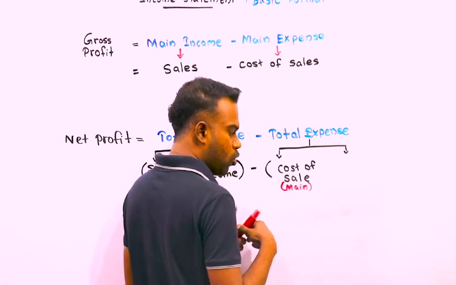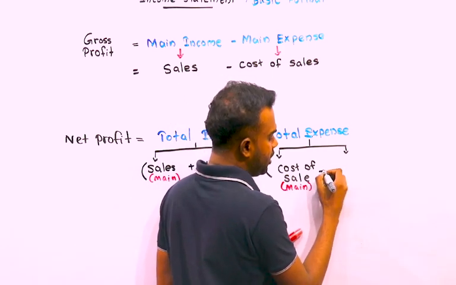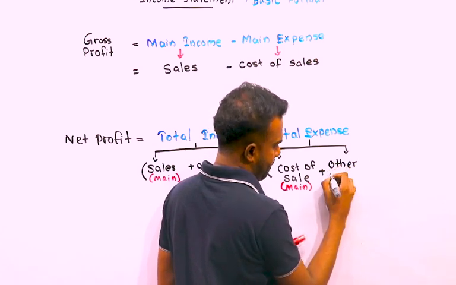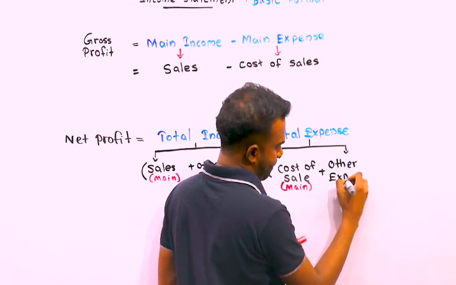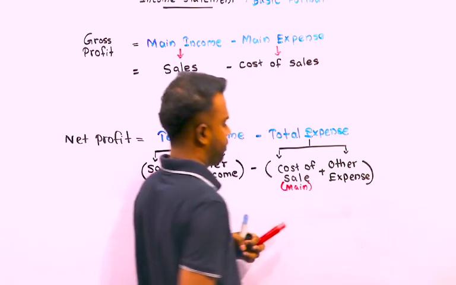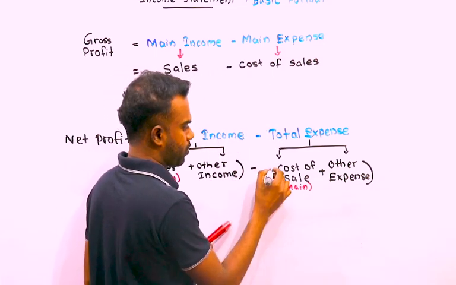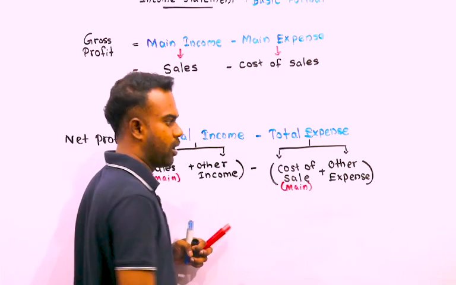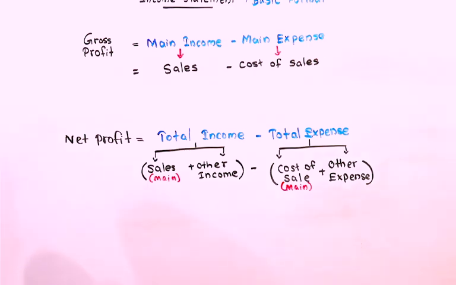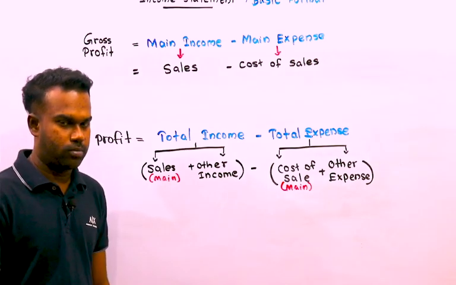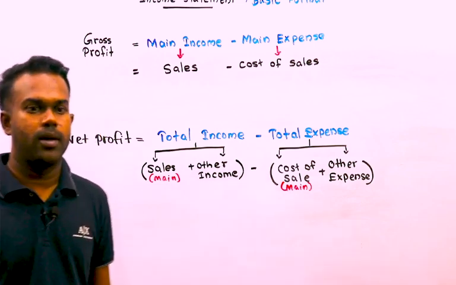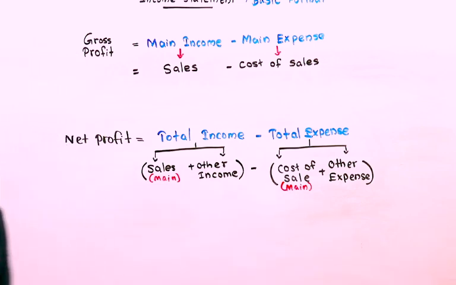And also other expenses. Understood? Right? Please tell me, up to here, did you understand? Yes? Clear? 100% clear?